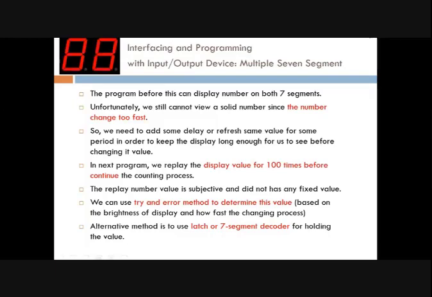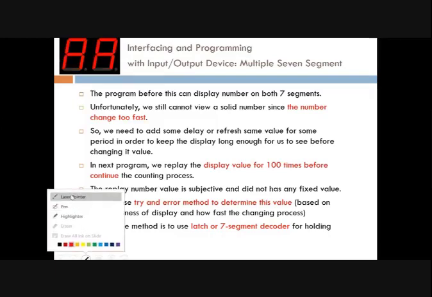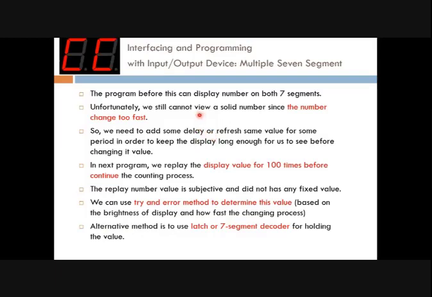So we need to add some delay. This would be a better option if you are using hardware. You can see it fully, but for simulation, the output might vary according to the speed of the computer.